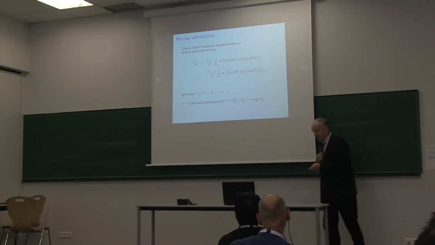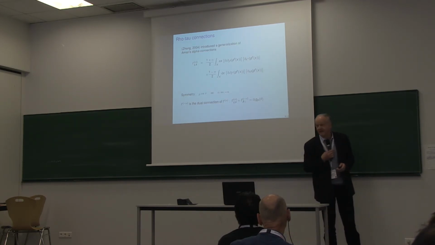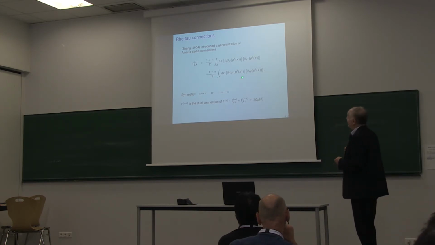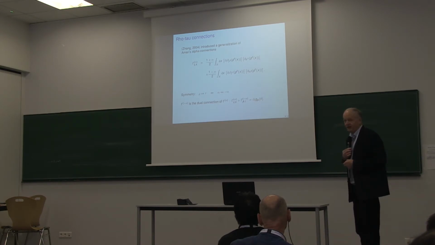Let me now go on, and I have to look at the time also. Tau connections were introduced in the paper of 2004 as a generalization of our various alpha connections. They are clearly symmetric by exchange of rho and tau, except that alpha goes to minus alpha.